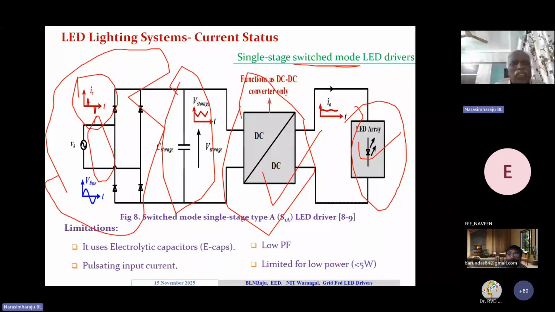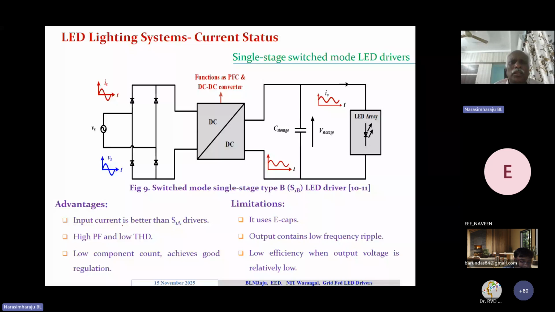This is a clear indication that the source current is largely distorted, because it becomes a pulsating current, which is not desirable. That leads to low power factor and poor utilization of the source.